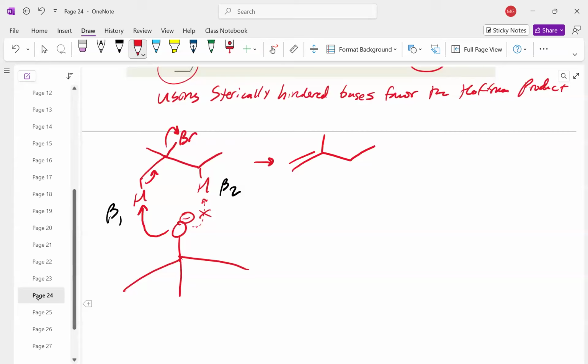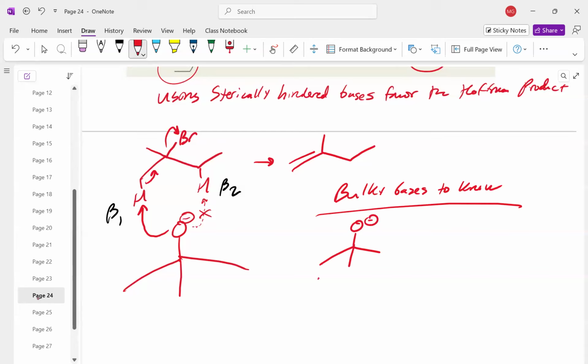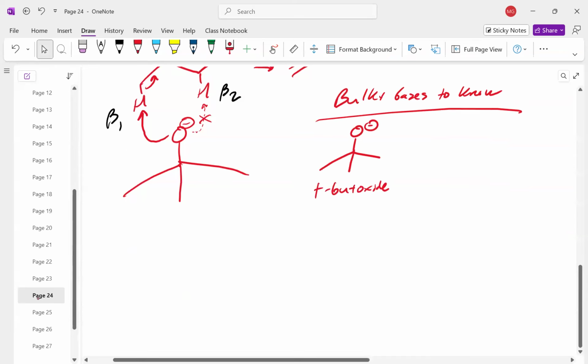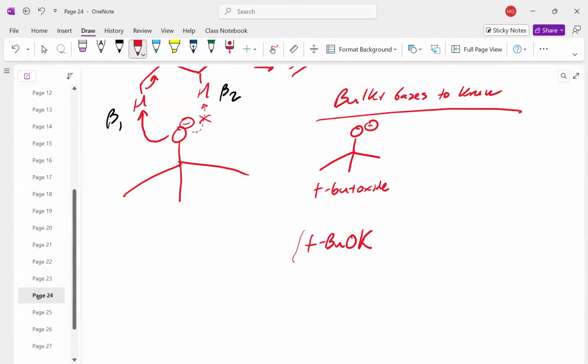Now, there are a series of bulky bases that I want you to know. One of the most common ones is known as tert-butoxide or t-butoxide. Very commonly, you'll see it with the counter ion. You'll see it as t-BuOK. t-BuO is tert-butoxide, and potassium is a very common counter ion to it.